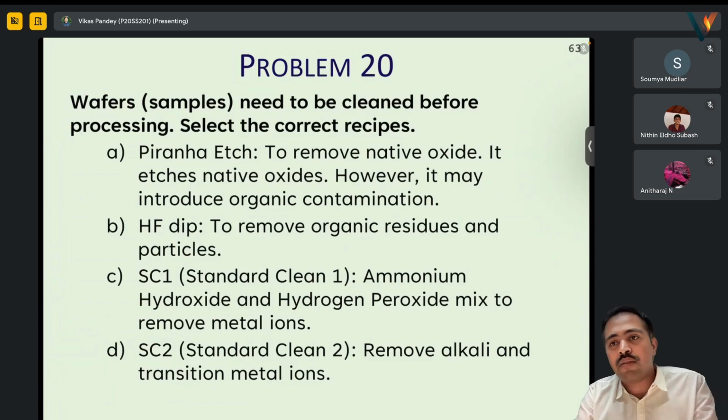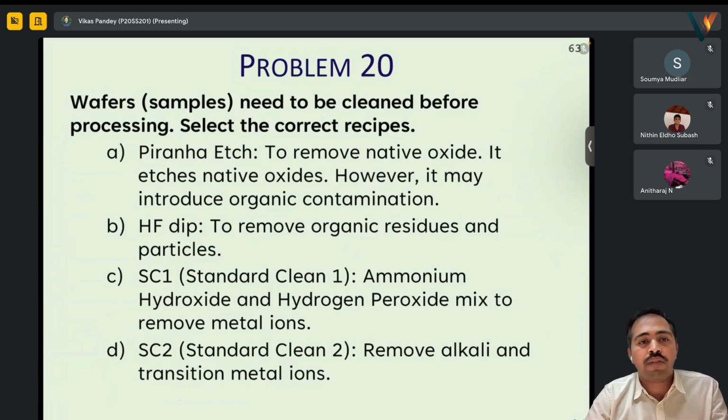Let me ask someone. Yes, Soumya, is the first one correct? Nitin, is the first one correct?